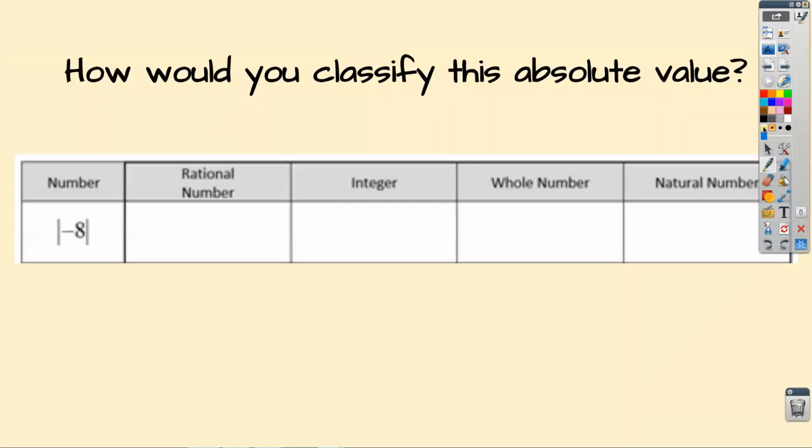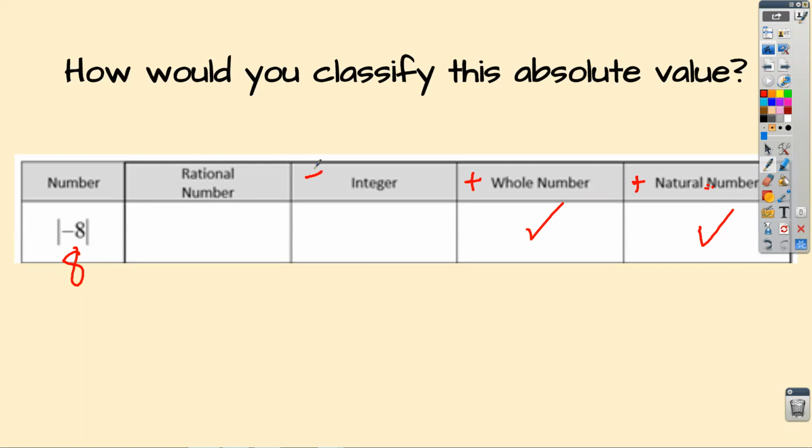So a little review again from Wednesday. If I said, how would I classify this absolute value? Well, the absolute value of -8 is 8. Is 8 a natural number? Yeah, it is. I can count to 8. Is 8 a whole number? Yep, because it's not a fraction or decimal. And remember, natural numbers are positive, whole numbers are positive.